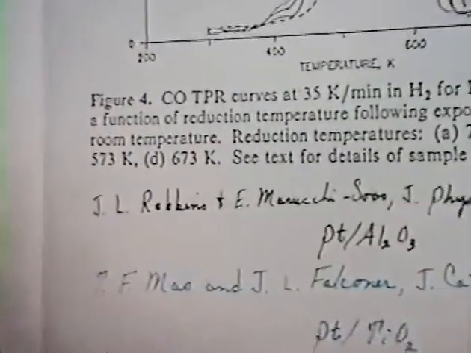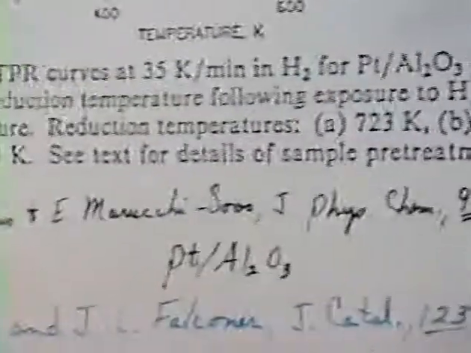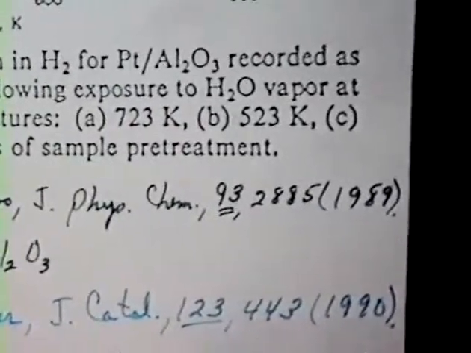Why am I not of the same view today? Well, the recent work by John Robbins at Exxon and of John Falconer at Colorado has now suggested strongly that the CO hydrogenation is bifunctional.